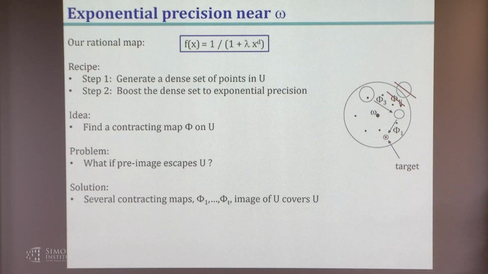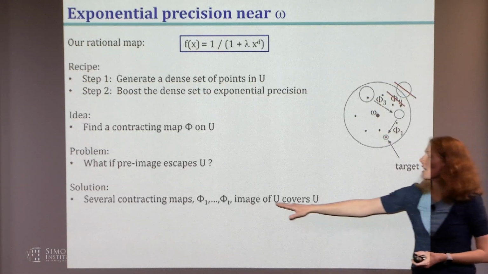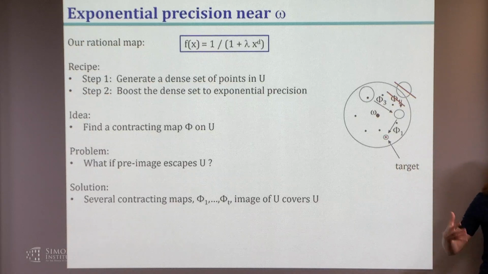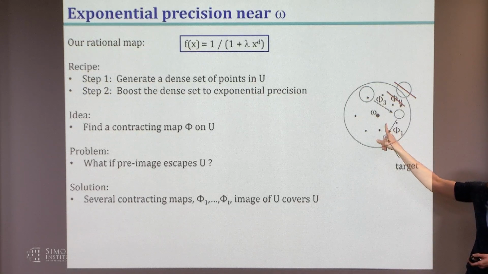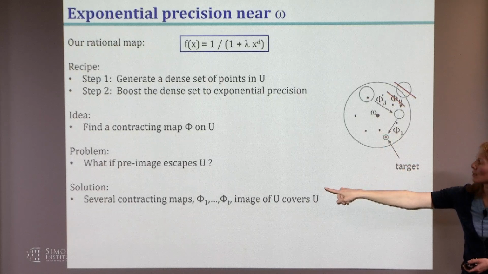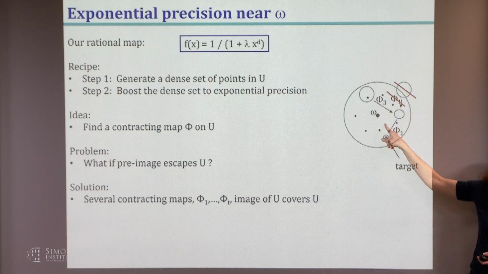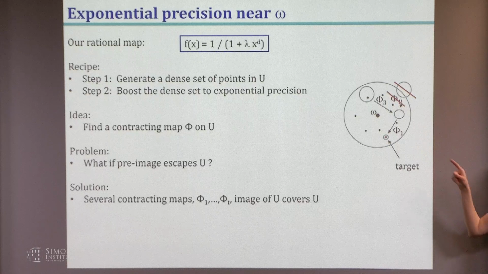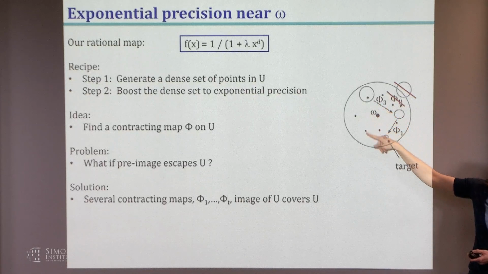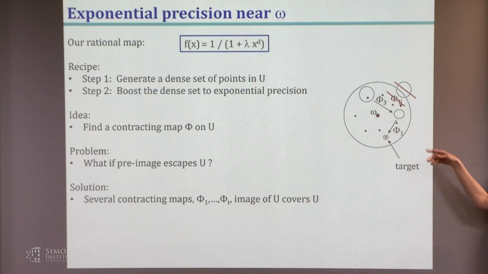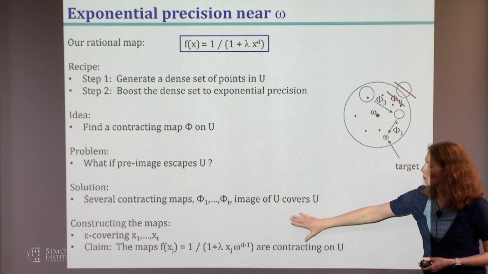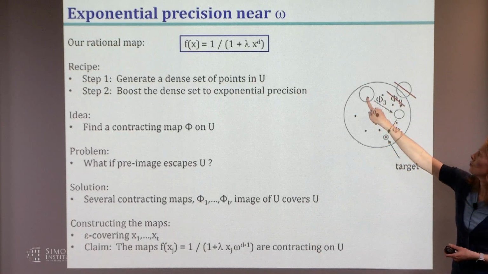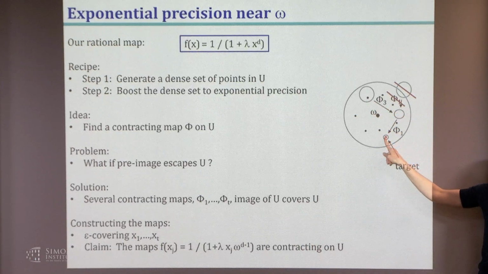So what we can do instead is create several contracting maps that have the effect of covering my neighborhood. What this means is that any point in my neighborhood has a map that maps to it. And so that means that I always have an option of staying within this neighborhood, and then I can use the idea of the contracting maps to move me from an epsilon covering to the target point.